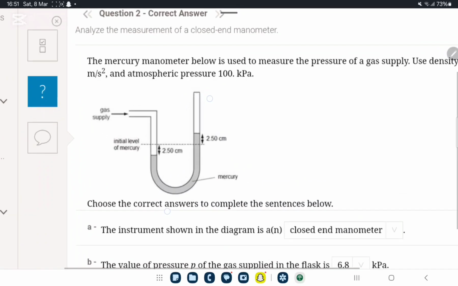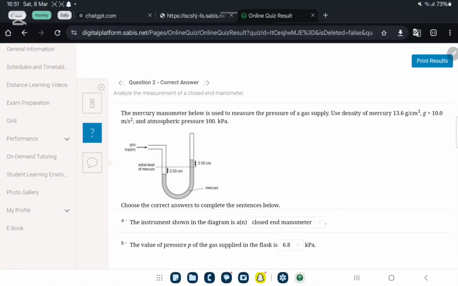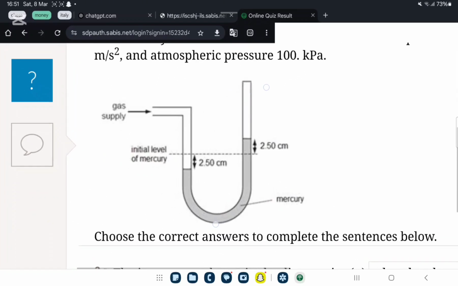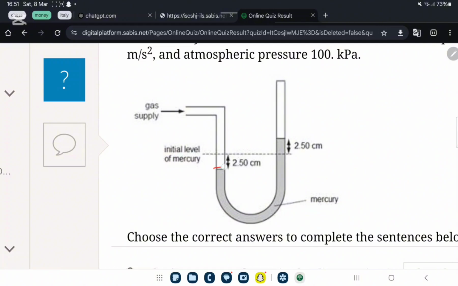Here it is a U-tube manometer, and the ending is closed, so it's a closed end manometer. And then for part B, they're asking for the value of pressure. Whenever they tell you pressure, you work by this principle. Since it's on the same level, it's equal pressure.